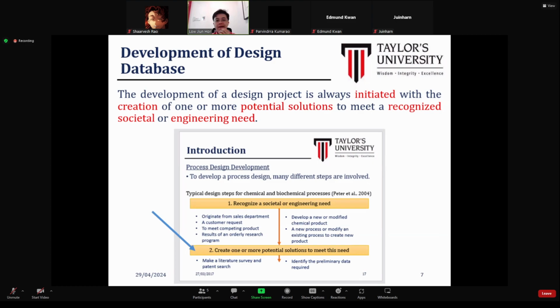Meaning that in chapter 2, I will guide you on what the tasks are and what we need to do under stage number 2 and stage number 3 in the framework that we learned in chapter 1.